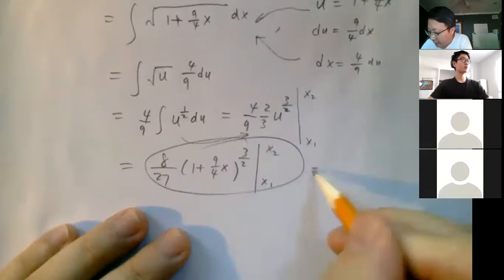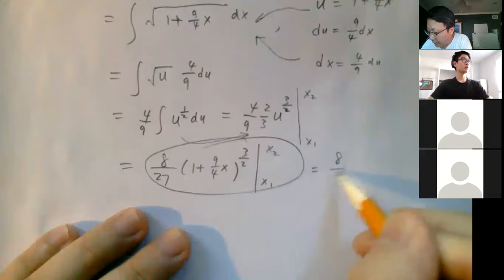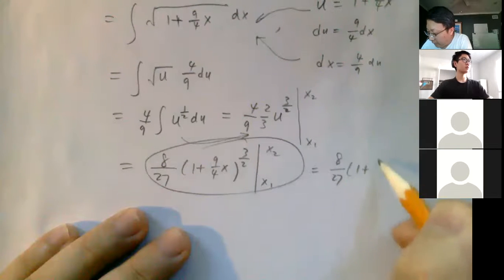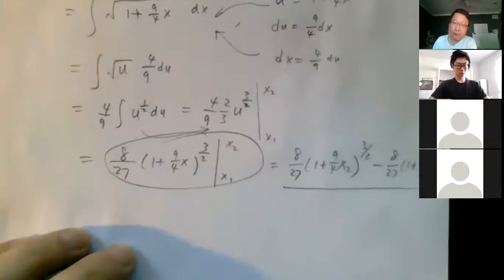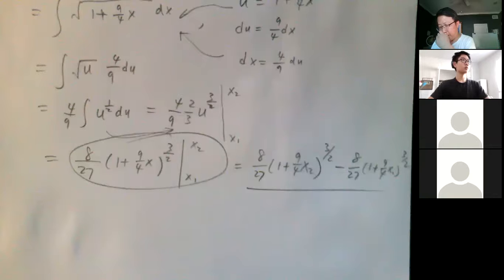If you really write it out, it is 8/27 times (1 plus 9/4 x2) to the 3/2 minus the same expression at x1. So this is the final length of the arc of the curve.